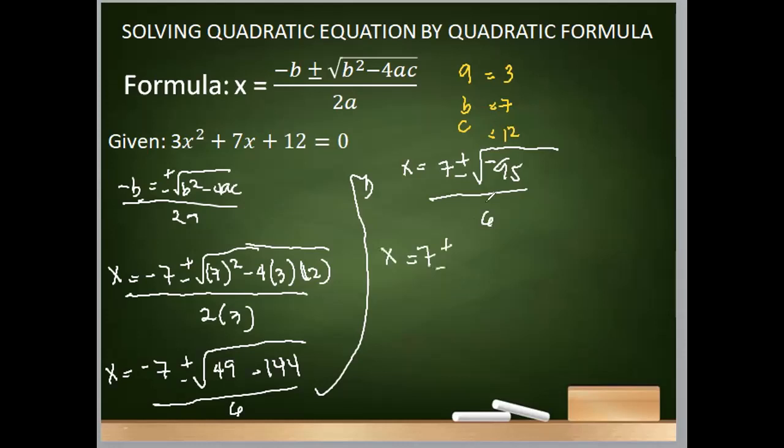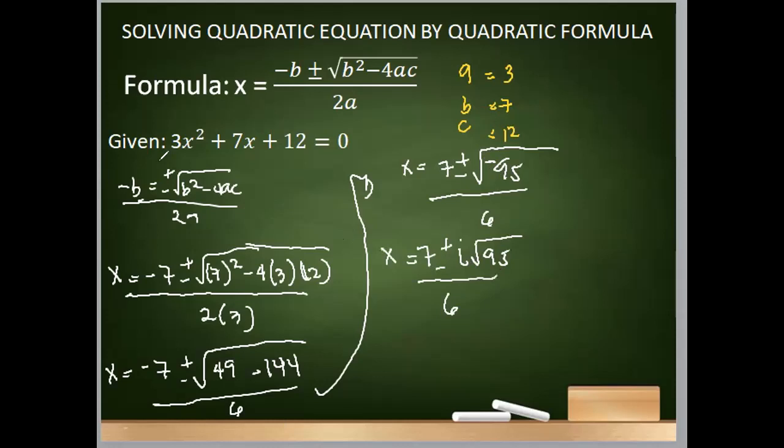Para po matanggal natin si negative 1 or si negative sign sa ating square root, we need to multiply it to imaginary number. That is the i is equal to square root of negative 1 times 95. So it means that our square root is negative. Okay, all over 6. So hindi mo na siya pwede i-simplify because we have an imaginary number.